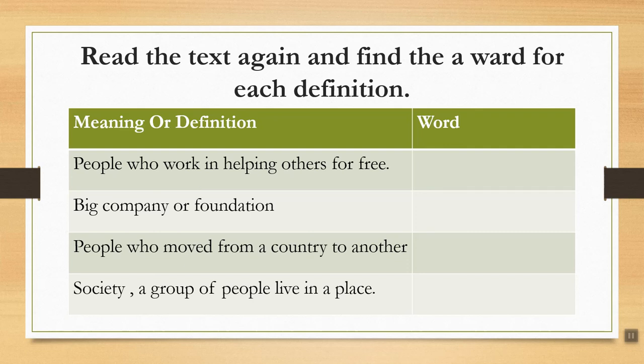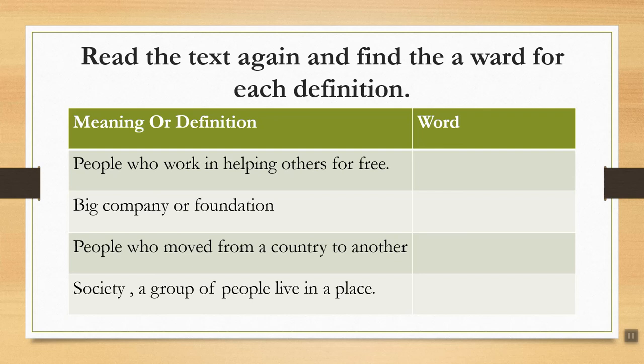Okay, let's start the first one. People who work in helping others for free. Yeah, people help others for free. Of course, they are volunteers. Volunteers. Okay, the second one, big company or foundation.